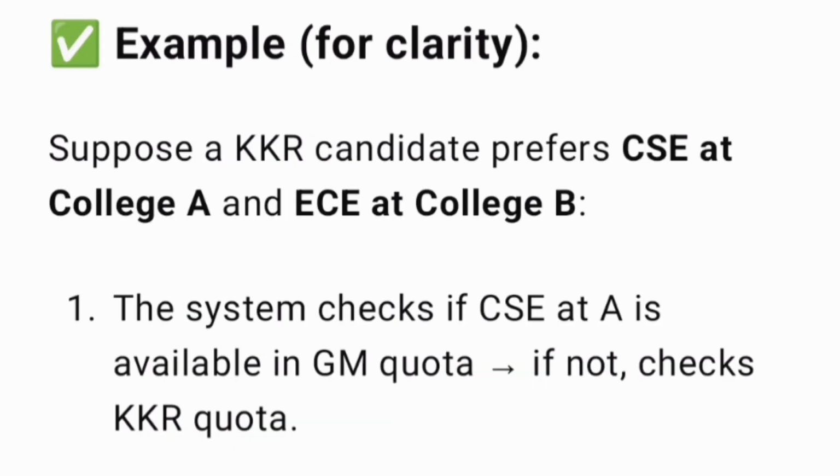So I will just give an example for the KKR candidates. For example, he has CSC at college A and he has applied for ECE at college B, right? So the system checks if CSC at college A is available in the GM quota. If the answer is no, that means a KKR candidate will not get a GM seat. Then the system will check if it is available in the KKR quota. As a second step, the computer will check.